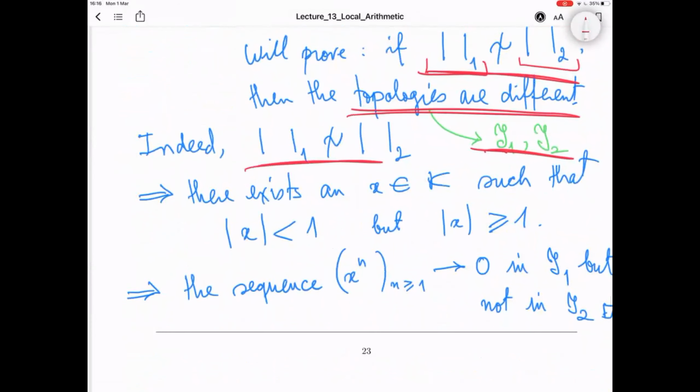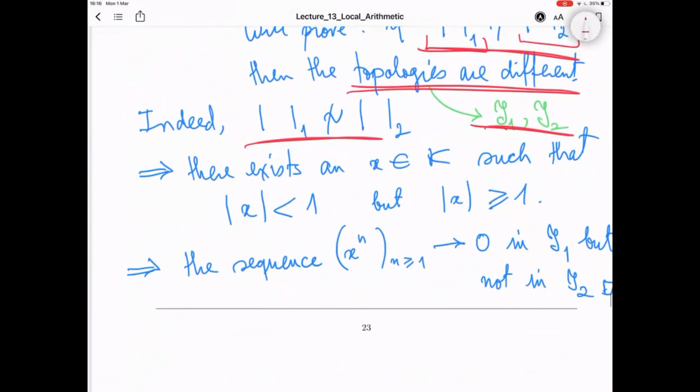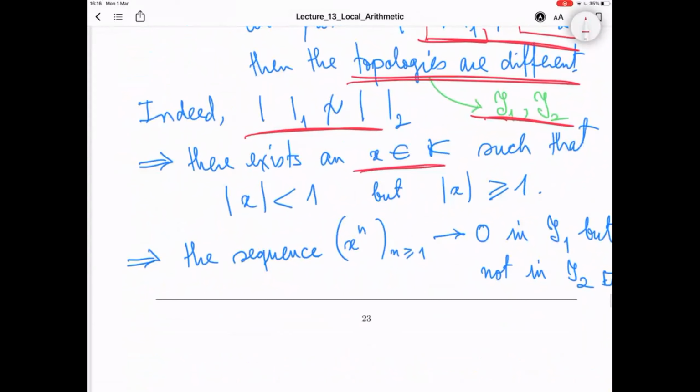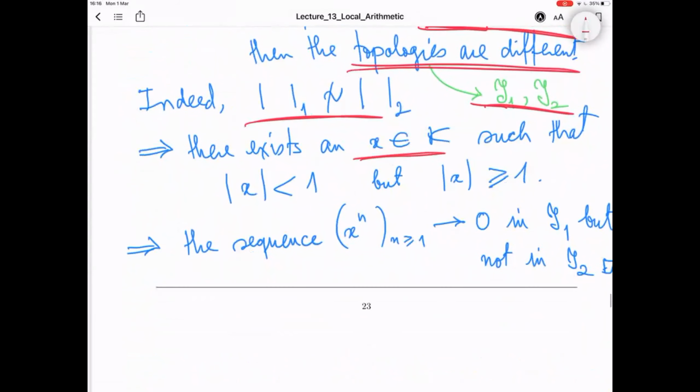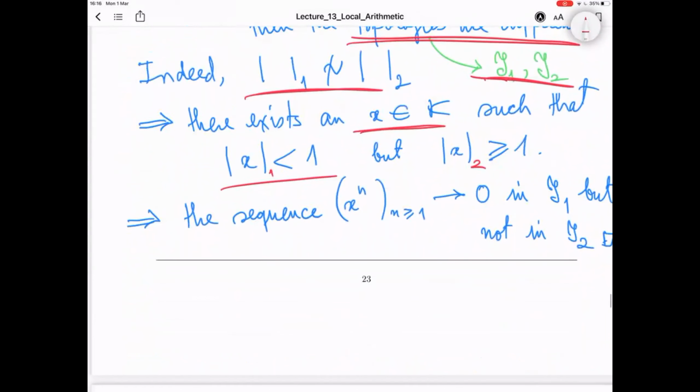So if the norms are not equivalent, what does it mean? It means that there's an element x in K such that the first norm is strictly less than 1 and the second norm is greater than 1.